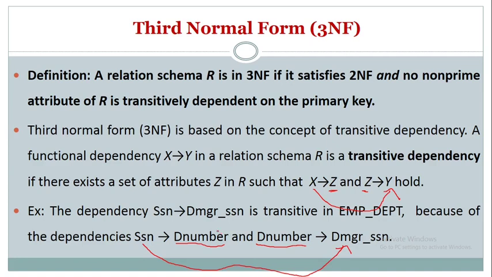So this is the transitive dependency. There should not be any transitive dependency according to third normal form.